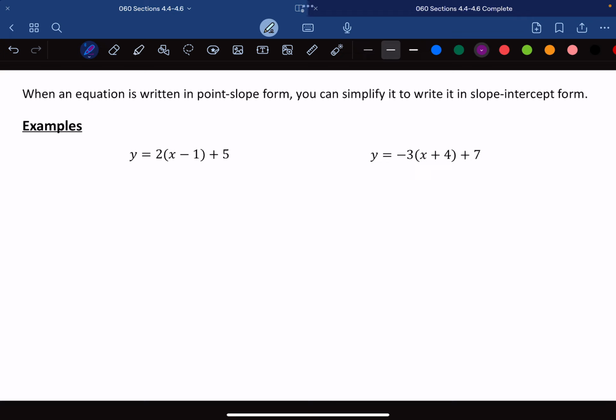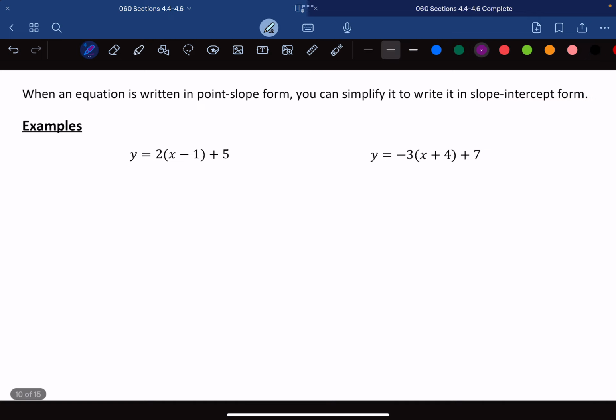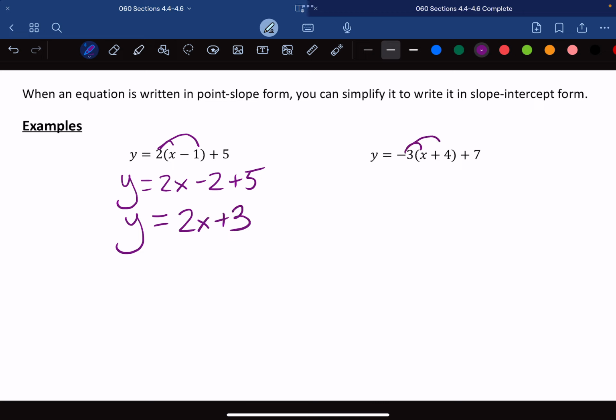One thing about point-slope form is that even if your equation is given to you in point-slope form, if you prefer slope-intercept form, it's not that difficult to change it with a little bit of distributive property and simplifying.